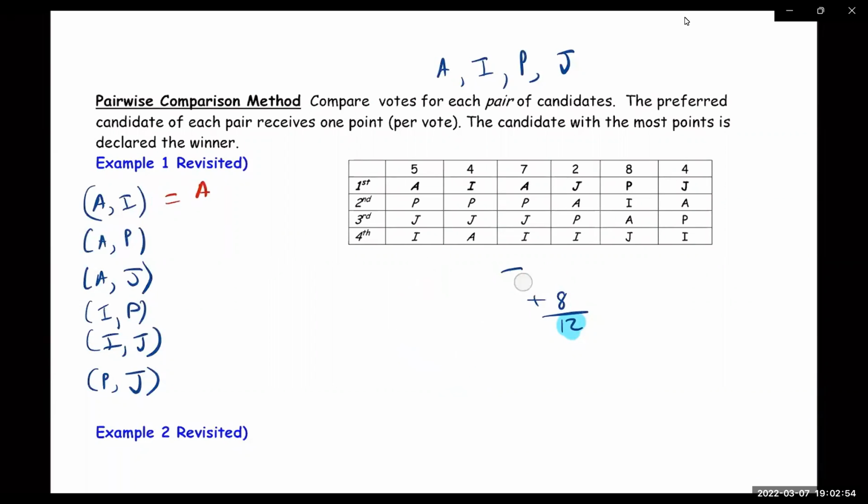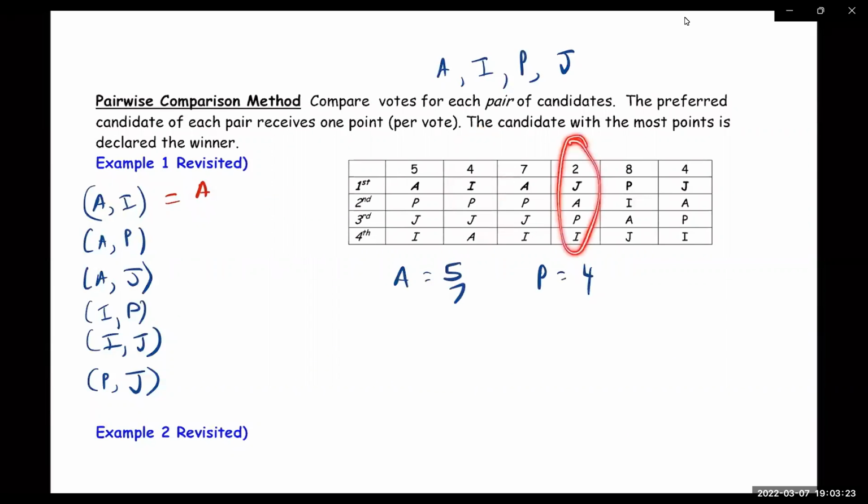This time we'll do A versus P. All right, who wins A or P in this column? A. A gets 5. In the next one, P. P is higher than A, so they get 4 points. In the next one, A. A gets 7.